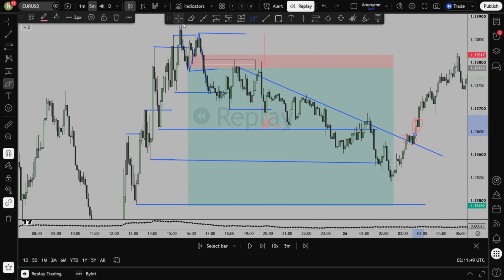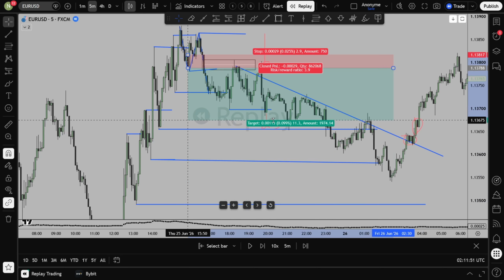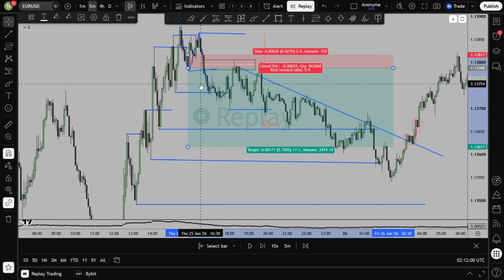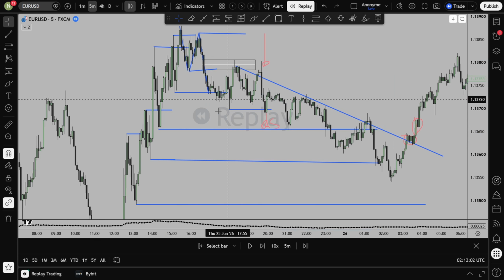So for example, this person would have exited here, or he has a fixed target, he would have exited here. So it depends on your framework. So this is it, guys. I explained market structure. I explained a lot of details inside of it. I basically gave you a full course on market structure.